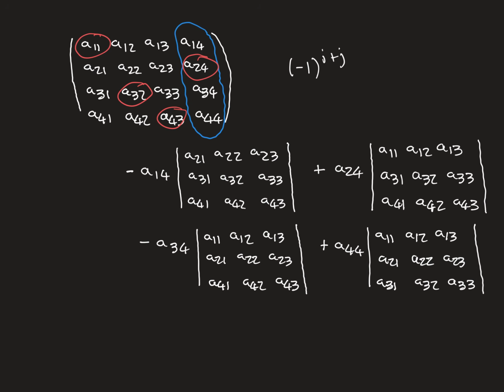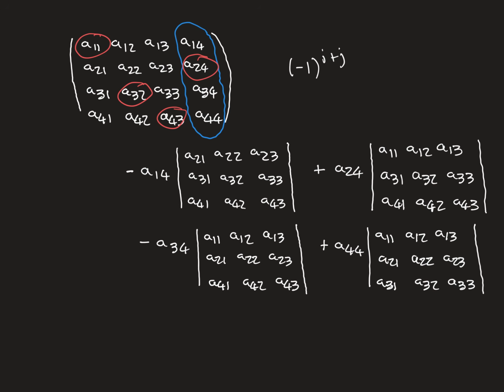This generalizes to the n by n case. If we have an n by n matrix, you can pick any one of the n rows and any one of the n columns to base it around. And then once you've got your column or row that you want to do it on, you just go through each of the entries in that, you find its reduced matrix, take the determinant of that reduced matrix, multiply it by the entry that produced that reduced matrix, and then put the correct sign in front of it according to this, where you just put -1 to the power of the i and j index of your entry, so in this case 1 and 4.